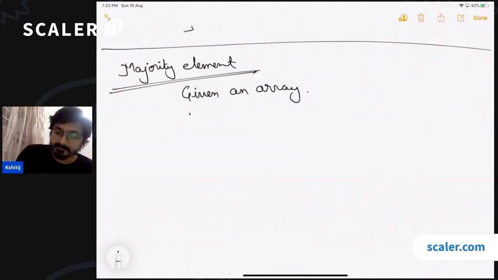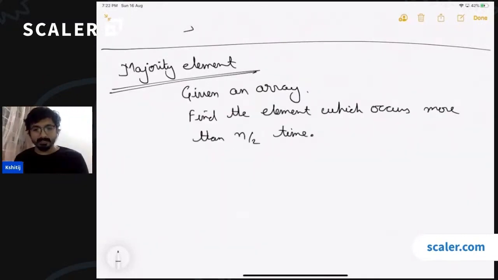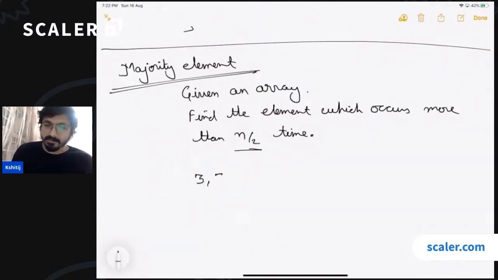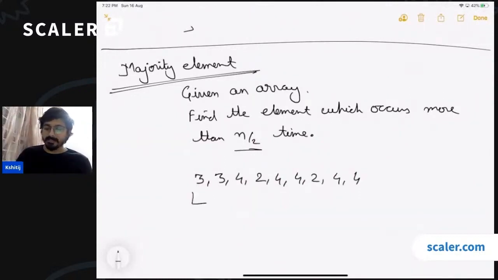Which means that the number of times that element occurs in the array should be strictly greater than n by 2. For example, if this is your array: 3, 3, 4, 2, 4, 4, 2, 4, 4. Can you quickly tell me what the majority element in this array is? N is the size of the array.